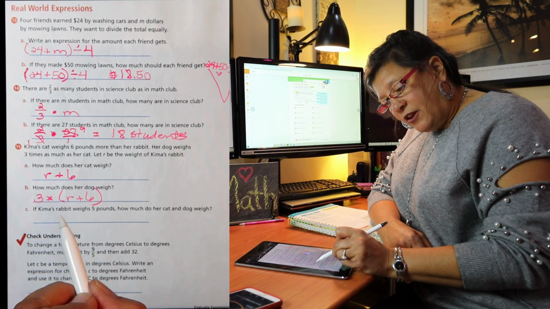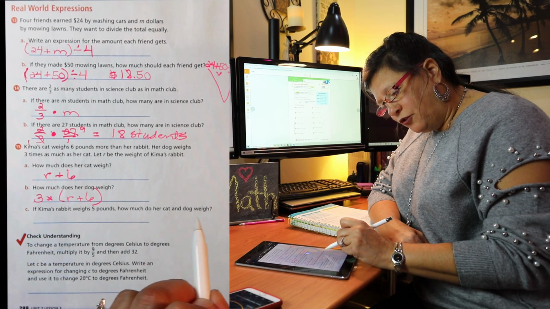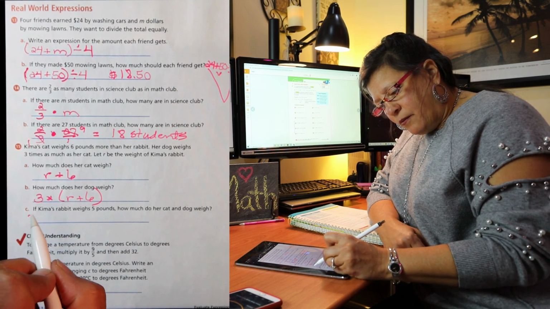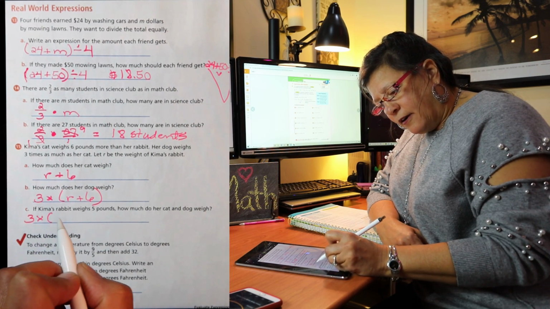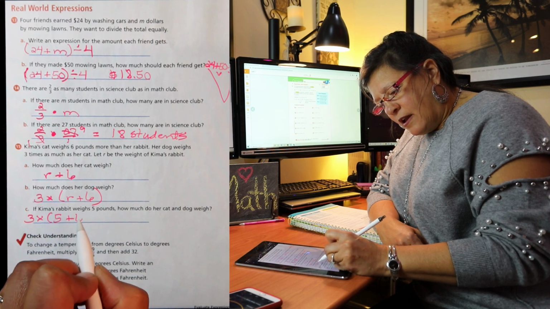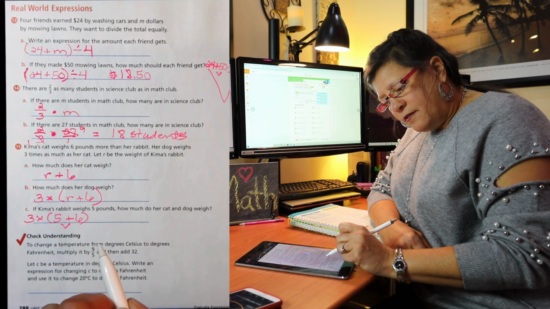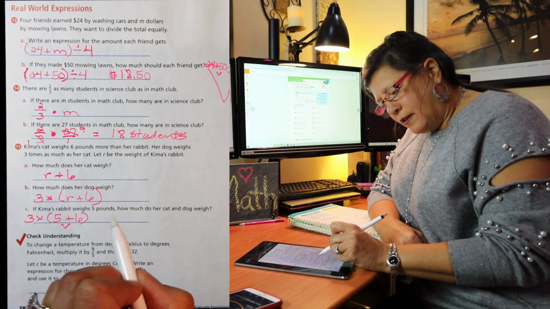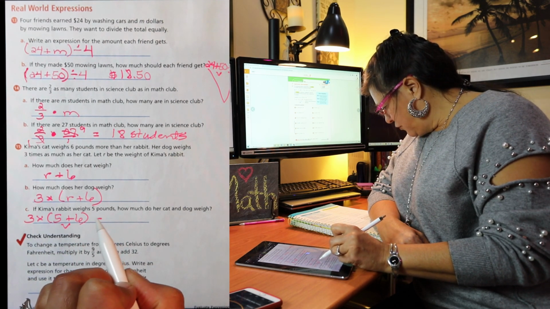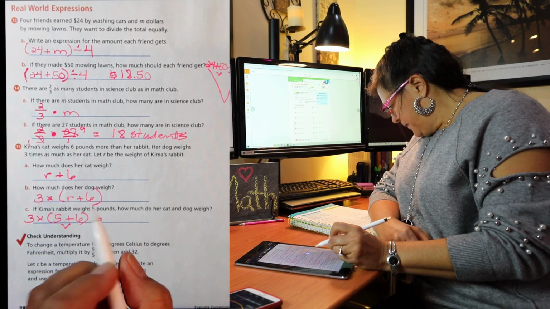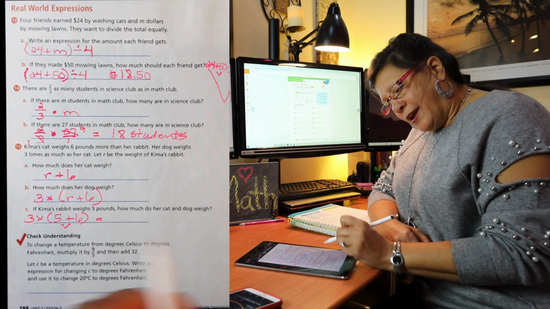Well, now we know if Kima's rabbit weighs 5 pounds, how much do her cat and dog weigh? Well, we're just going to replace that R with 5 and then solve from there. Start with parentheses first and then order of operation. Okay. How much do her cat and dog weigh?